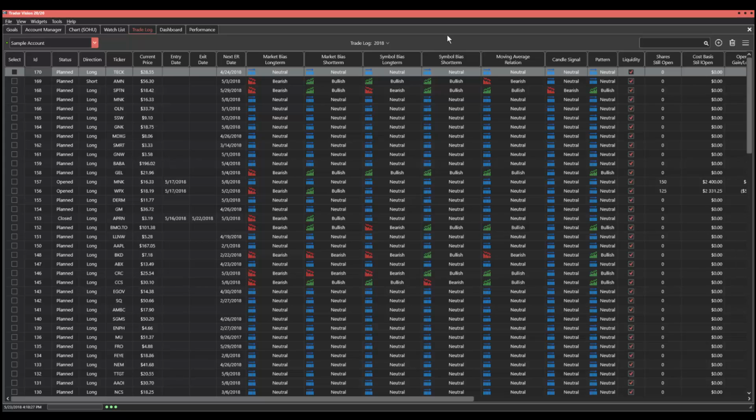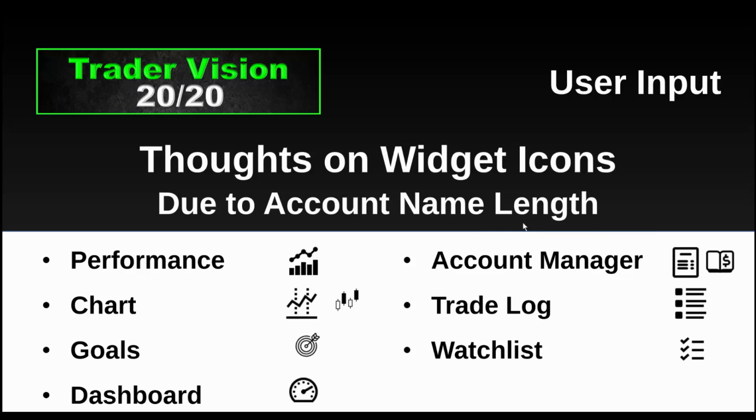And so we want to try to accomplish both things. One of the ways that we have thought about doing it is by replacing the widget name like performance with an icon. So it would have this icon and then parentheses and the account name, or instead of saying chart, it would be an icon and then the chart name.